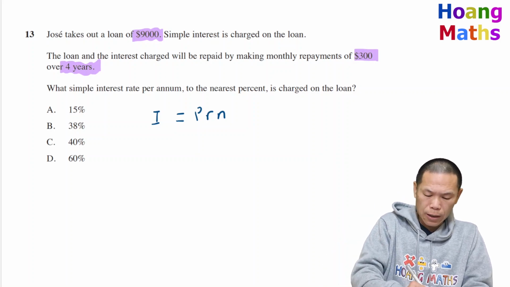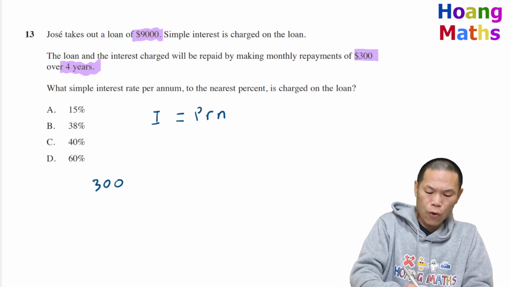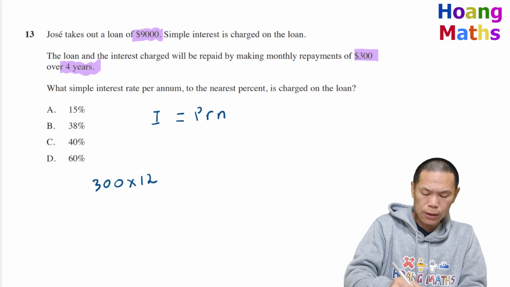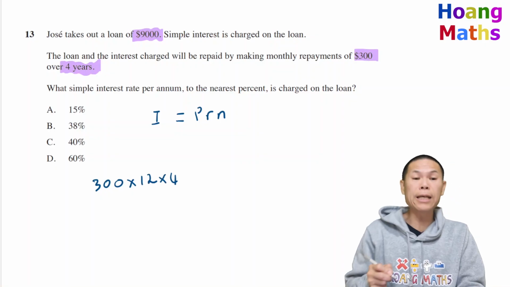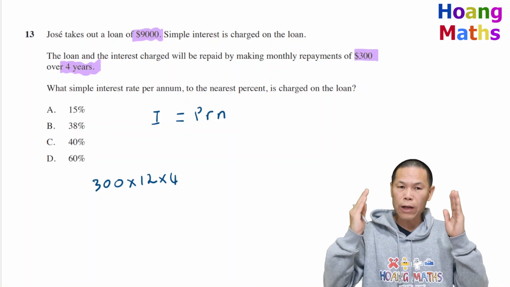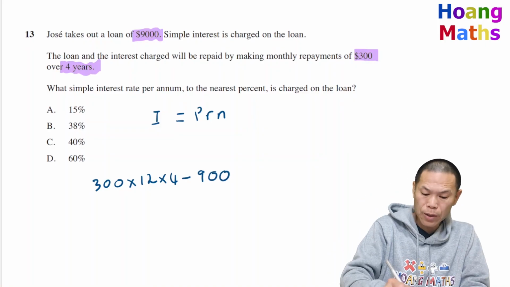So the repayment is $300 each month that she has to pay for 4 years. So for 1 year, we times 12 because 12 months in a year. And for 4 years, we times 4. That is how much Joyce has to pay. But then to work out the interest, we minus 9,000.